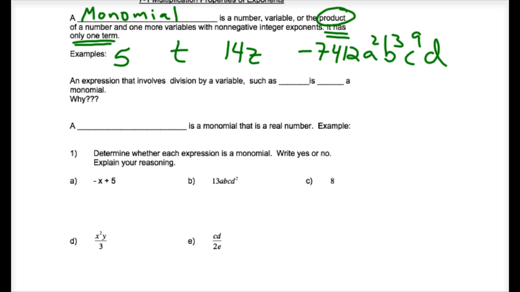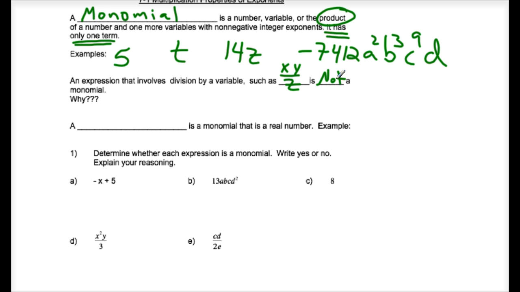Another non-example is an expression that involves division by a variable, such as xy over z. If there's a variable in the bottom, it's not a monomial.